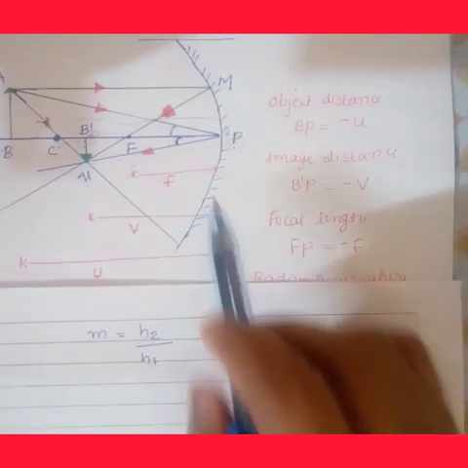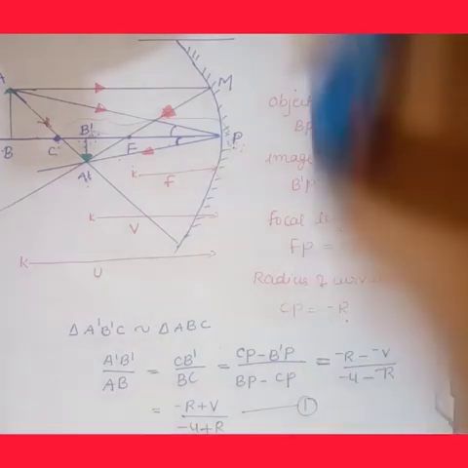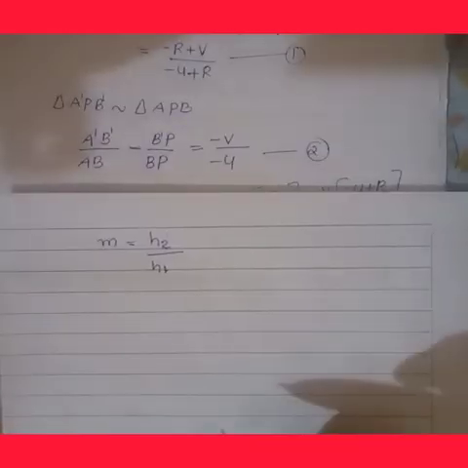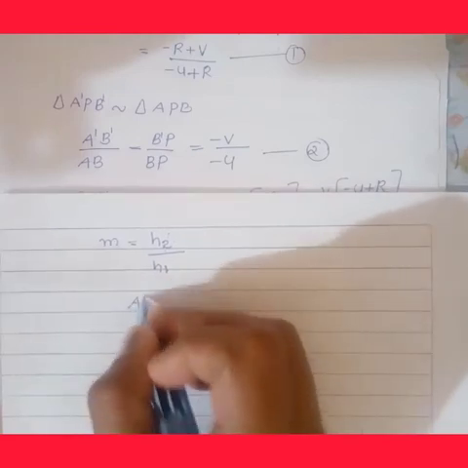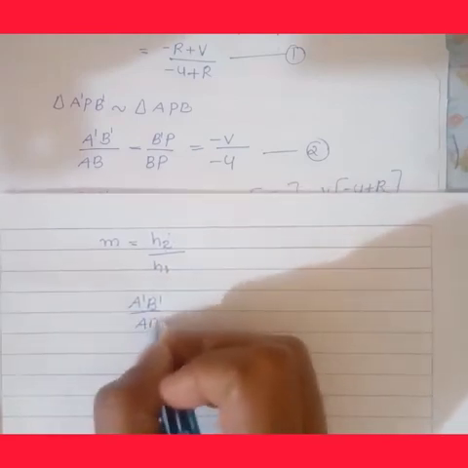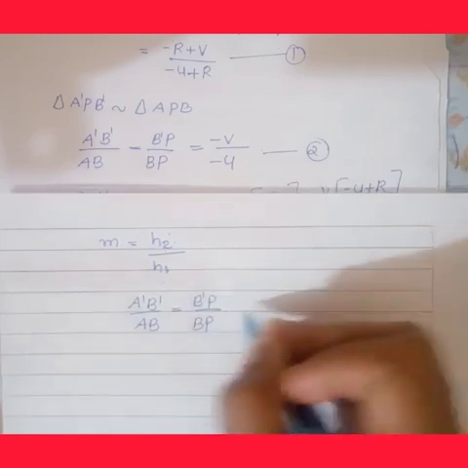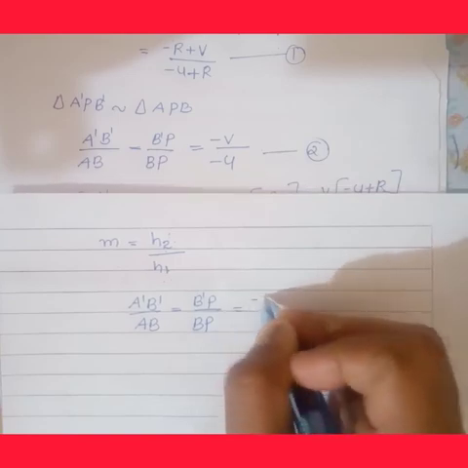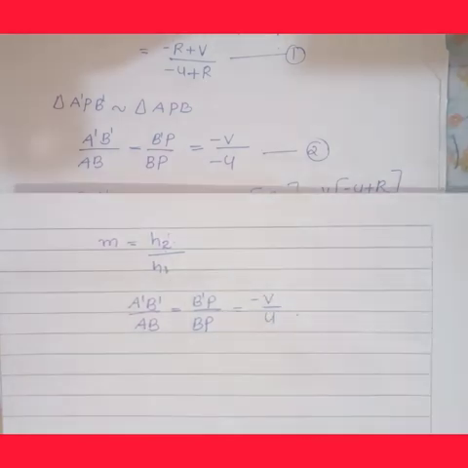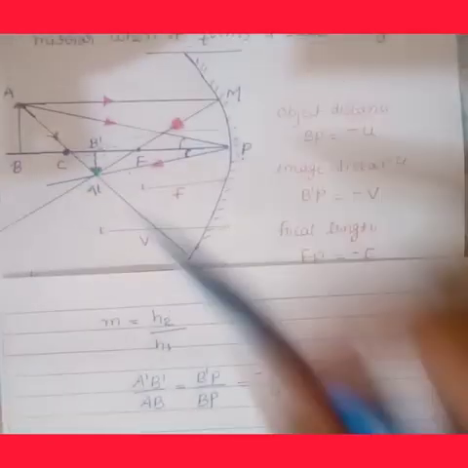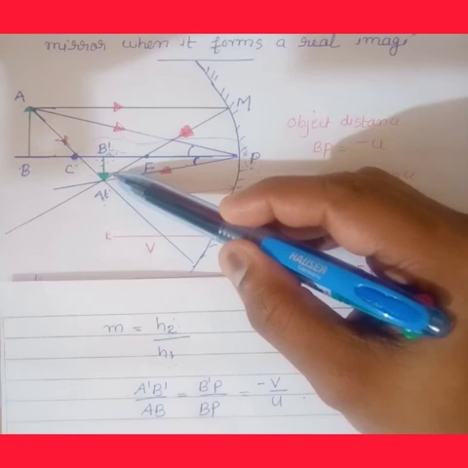You already proved that A'B' by AB is equal to B'P divided by BP, which is equal to minus V by U. Here A'B' is the height of the image.